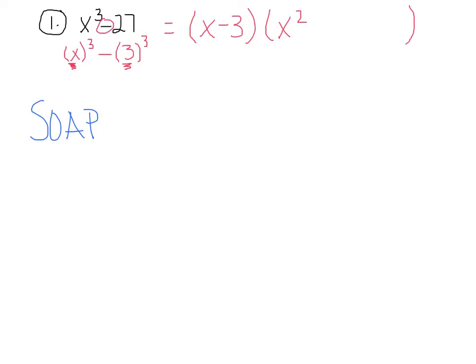The last one would be 3 squared, which would be 9. That's always going to be positive. And then just remember the middle term is always the opposite, so since we had a minus here, we're going to have a plus here, and we need to multiply these two together, so that would be a 3x. Okay, you can just check it. You could multiply it back together to see if you get x cubed minus 27, and that would be your answer.